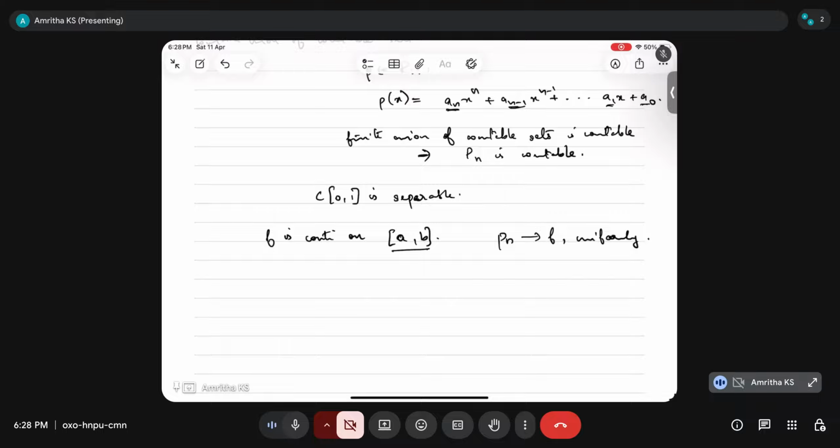Yeah, for example, suppose I take (0, 1). Then what can go wrong? Or if I take R, then also what can go wrong? Okay, this is not closed and this is not bounded.